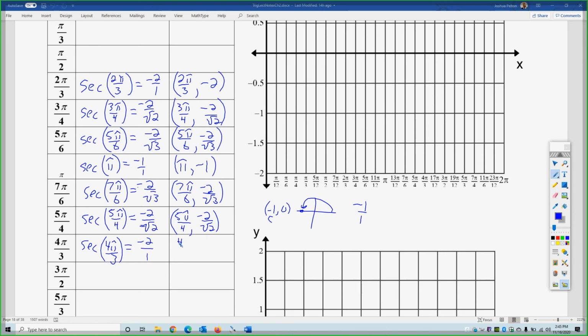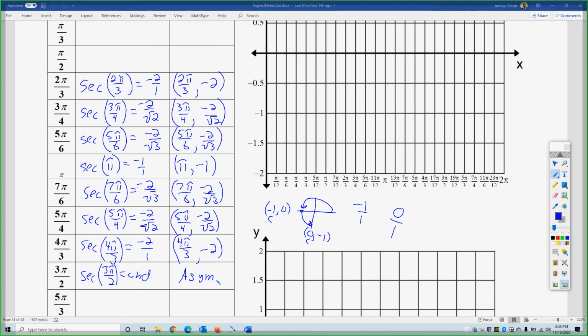So 4 pi over 3 gives me negative 2. And 3 pi over 2 ends the third quadrant. So now I've gone all the way around to 3 pi over 2, which is the 0, negative 1. So my cosine there is 0. But if I reciprocate 0 over 1, which is 0, I get undefined, don't I? So that means I have an asymptote there also.